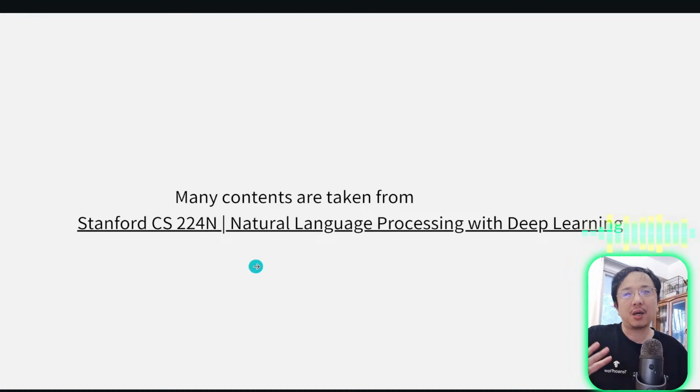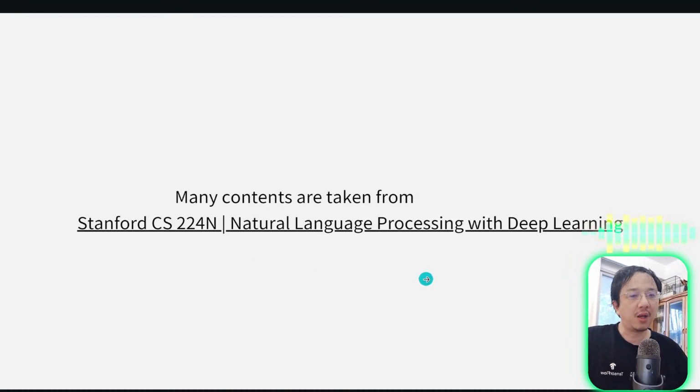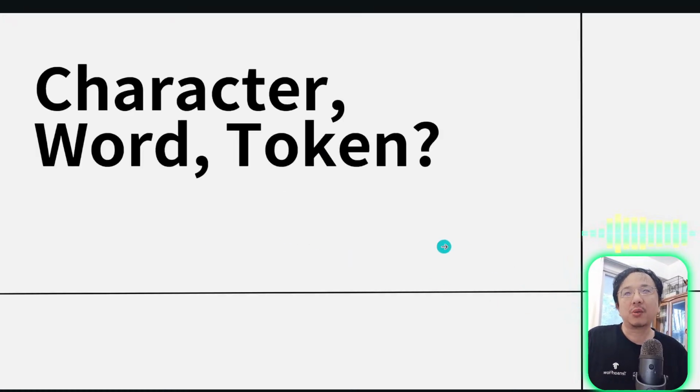So you will find some of the slides pages are copied from the Stanford CS224N. So let's begin with character, word, and token level language models.